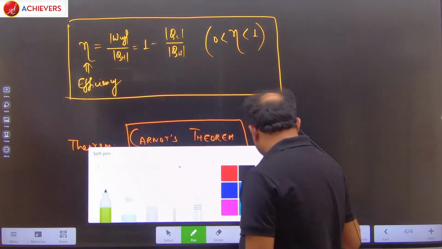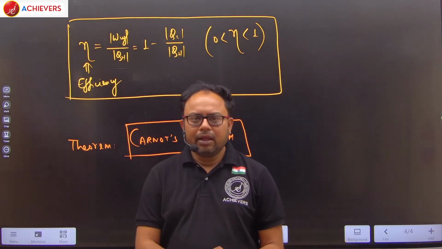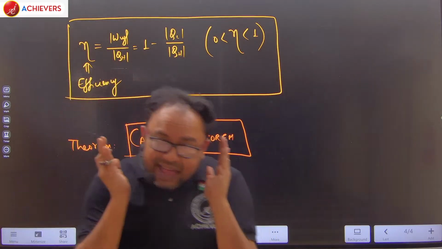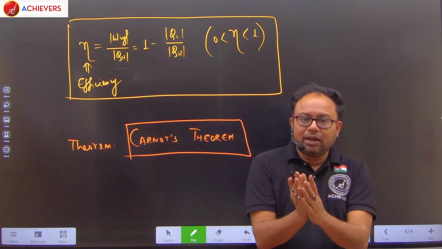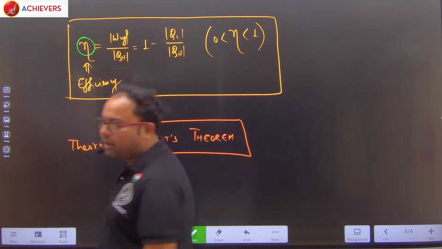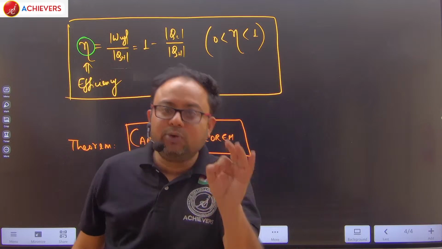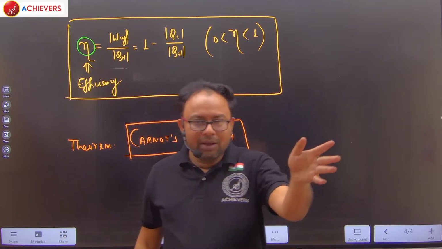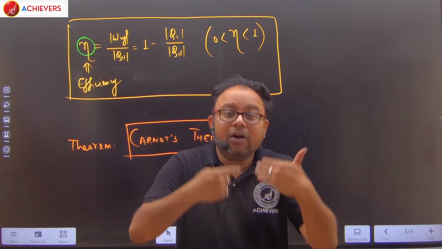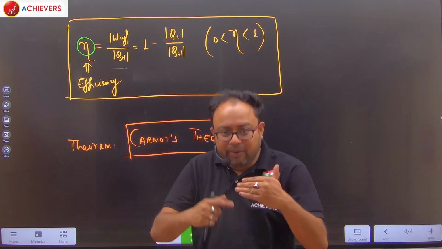Now, before going into the detailings of Carnot's theorem, at first, we have to have a very clear-cut knowledge about this physical parameter eta. Because Carnot's theorem is somehow related to eta. I am not revealing how right now. That would be revealed gradually in the course of this particular lecture.